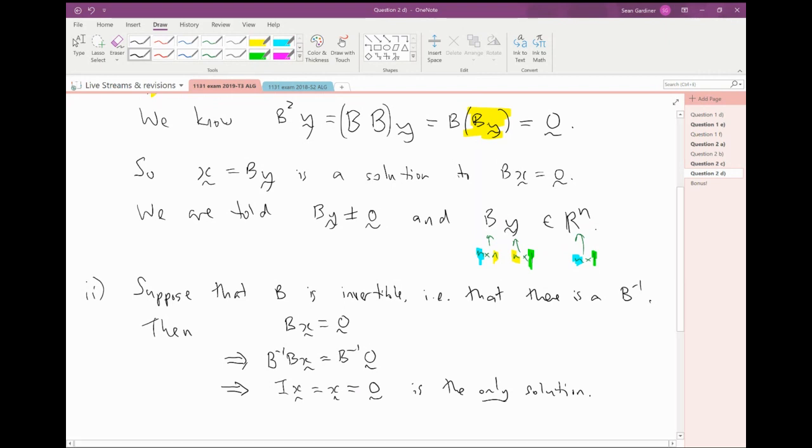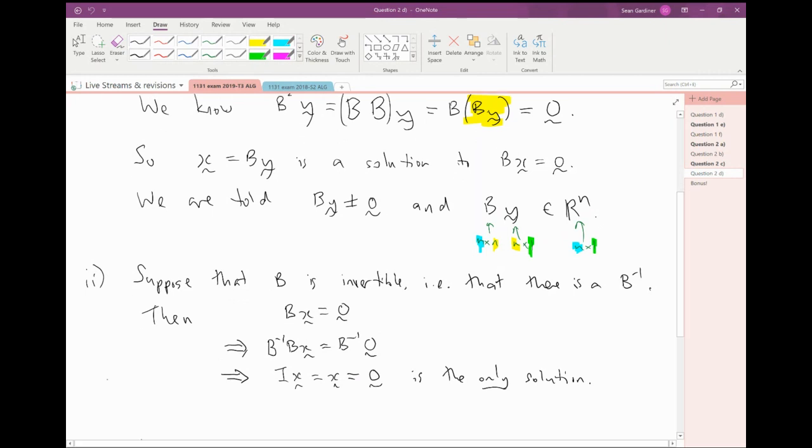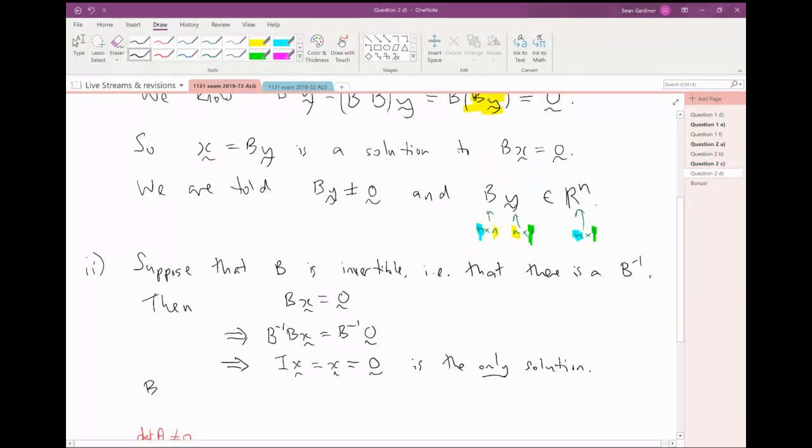All I did was pre-multiply by an inverse, and I found that if this inverse existed, the only solution to this system Bx equals 0 is the solution x equals 0, right? Now, of course, I know this not to be true. I know that there's at least one other solution out there, which is not 0, right? So let me say here, but we know there is at least one non-zero solution.